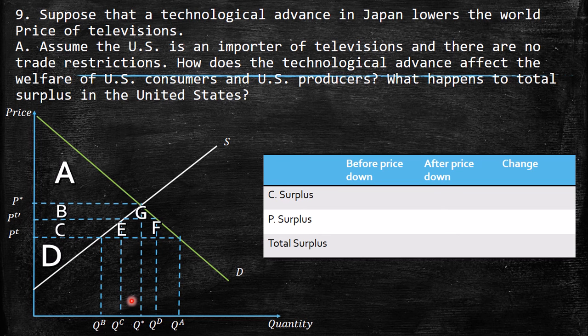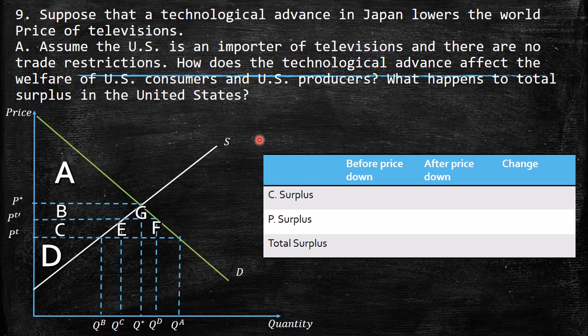And consumers have the benefit of consuming higher quantities because of a lower price, so they will demand QA. So you notice here how the imports will be higher than before the technological advance.